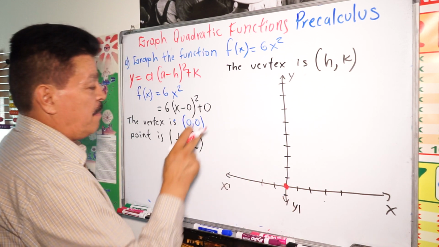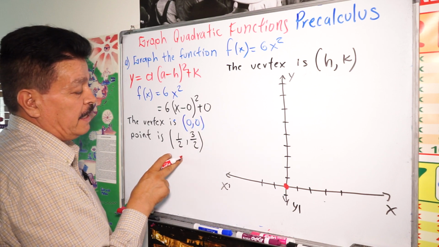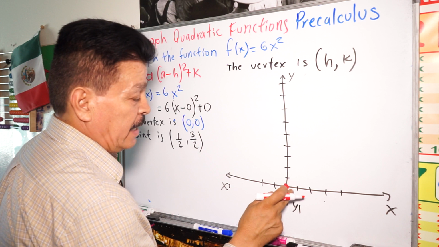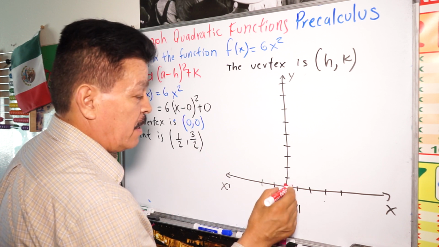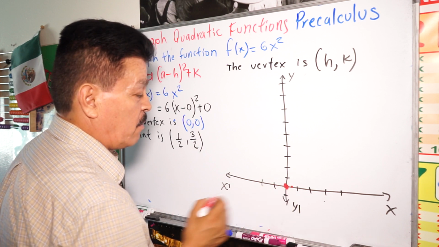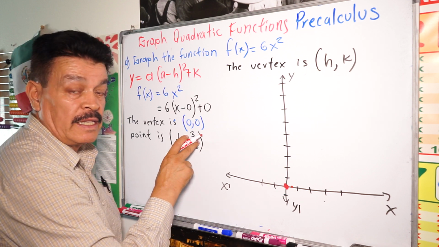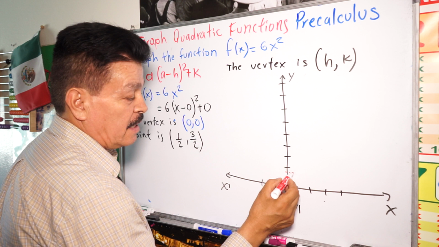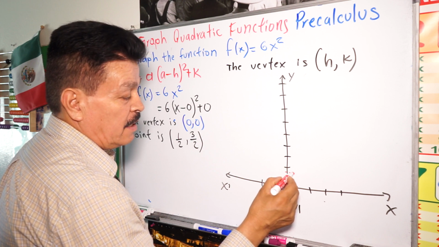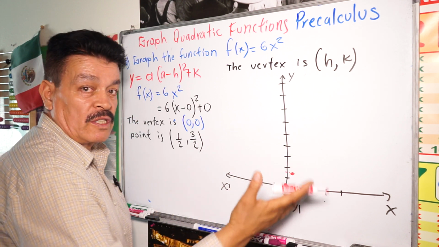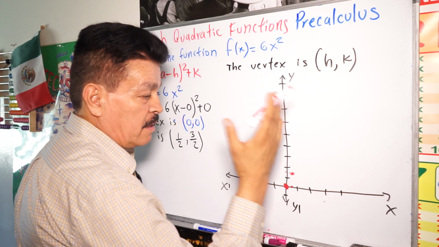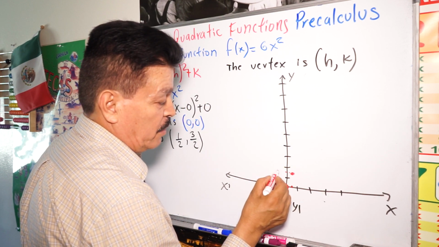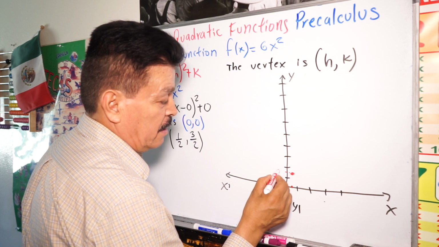This is the vertex, and then we plug in 1/2 in x. So x is right here, positive 1/2, and then y is 3 halves, which is 1 and a half. So we have one point here. Of course, this is the positive side. On the negative side, we are going to have another point right here.